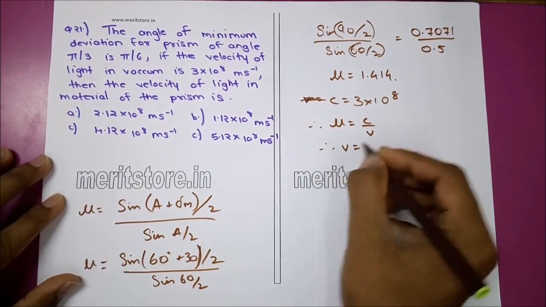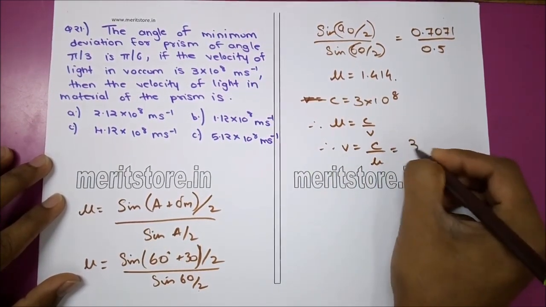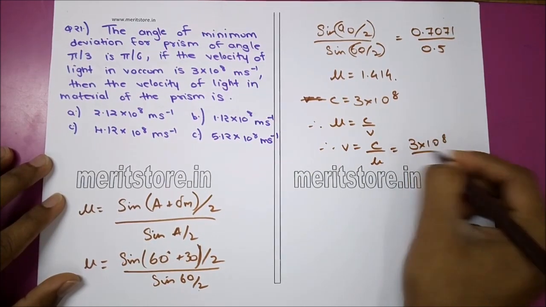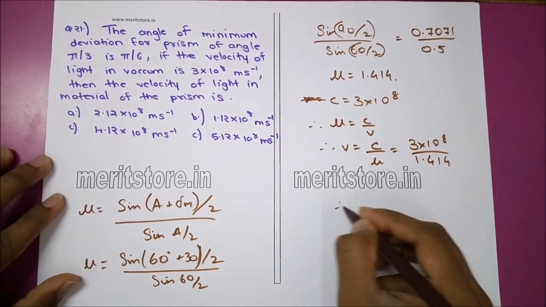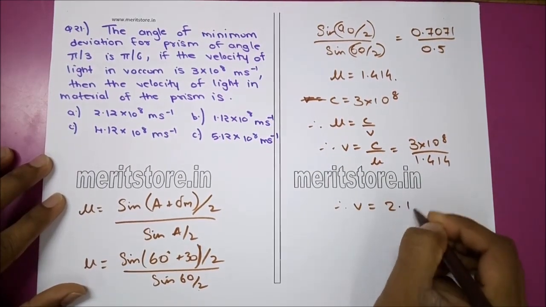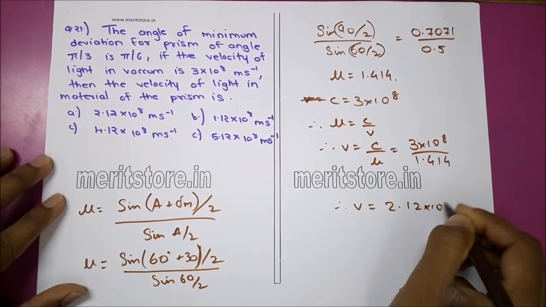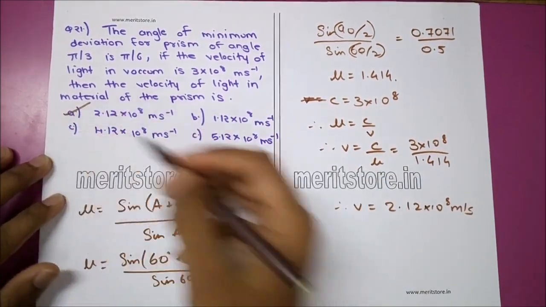So velocity of light in the medium v can be found out as c upon mu, that is 3 into 10 raised to 8 upon mu is 1.414. Therefore velocity of light in the medium is 2.12 into 10 raised to 8 meters per second. Hence option A is the correct answer.